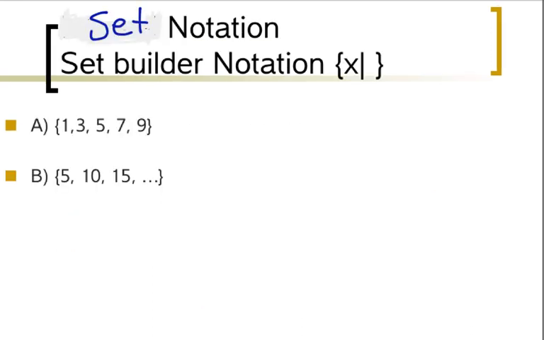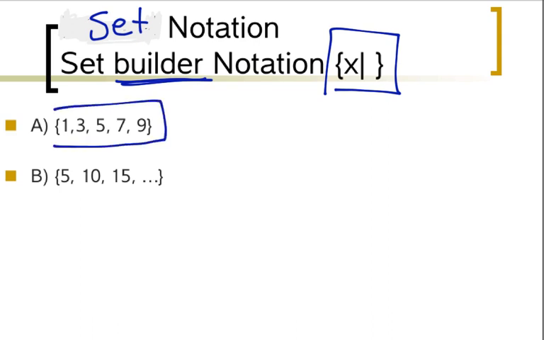Now we're going to take things that are in set notation and put them in set builder notation. Now the builder means that we've got this little guy right there, the x such that. So that means we have to take this set that's given to us and describe it in terms of what x is, as if I was defining a variable. So I rewrite this, and first of all I have to notice what's going on here.